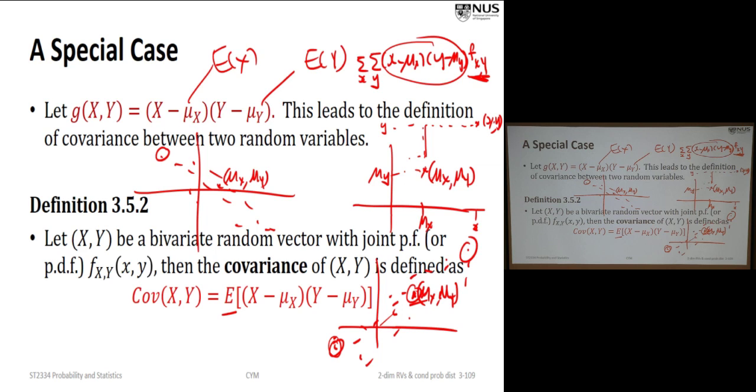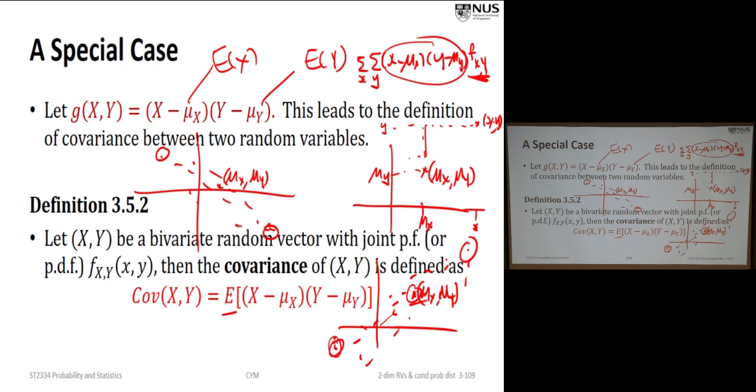Similarly, for this point, this time the x minus mu x is positive, while y minus mu y is negative because this point is below mu y. So the product is negative. So if the observations or the data look like this, then the correlation is, not correlation, the covariance is negative, which means that if x is above mu x, then it's likely the corresponding y values will be below mu y.